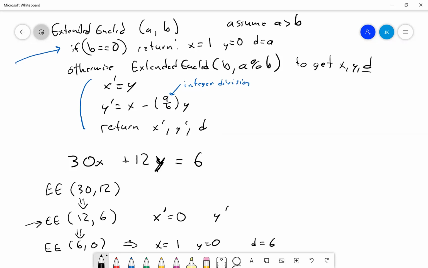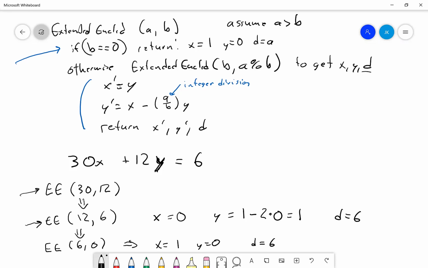And we set y prime equal to x, which is 1, minus a divided by b, so 12 divided by 6, which is 2, times y, which is 0. And that comes out to be 1. And again, d is equal to 6. So those are the values we return for x, y, and d. I will remove the prime just to prevent confusion.